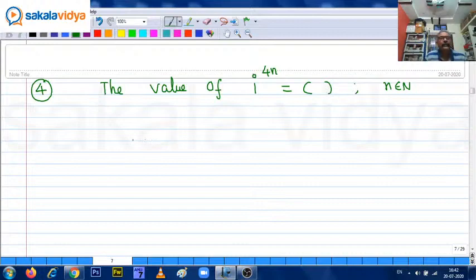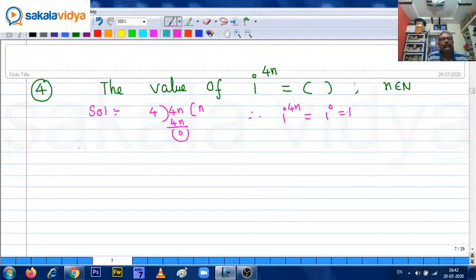Generally we do the solution like this. 4n divided by 4, the remainder is 0. So therefore I to the power of 4n equals how much? I to the power of 0, which is 1.